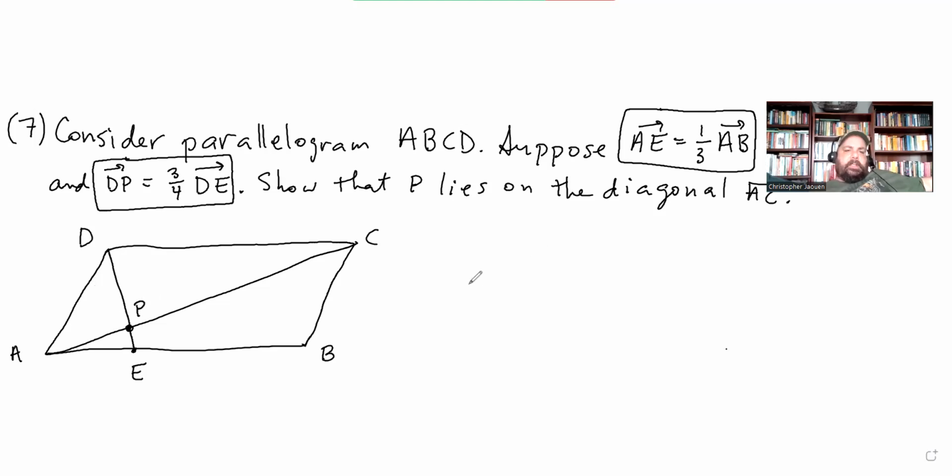So let's actually do that. For example, if this is a parallelogram, AD is equal to BC. And both of those you can write as AE minus DE.